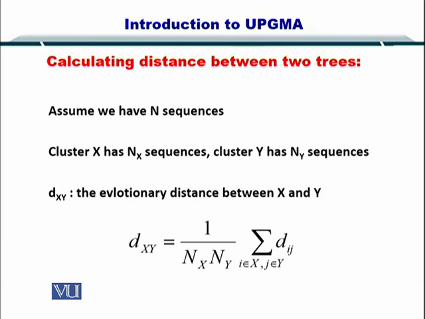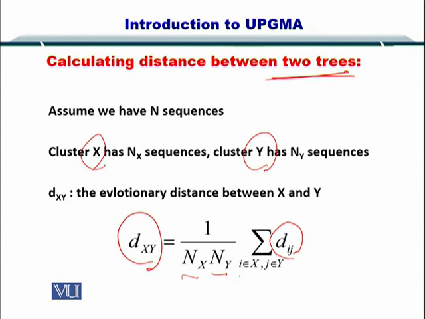The distance between two trees, X and Y, can be computed like this: one over the number of sequences in X times the number of sequences in Y, multiplied by the sum of all the distances between i and j, such that i belongs to X and j belongs to Y. This is pretty simple to observe, but let's see how it looks by an example.